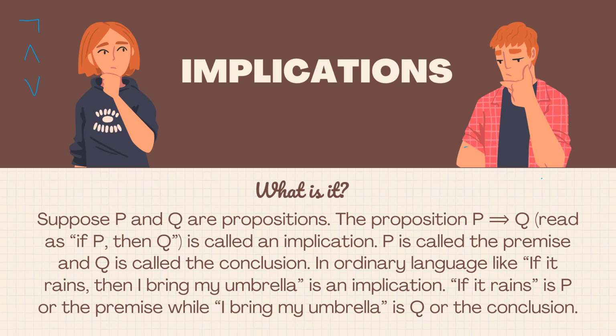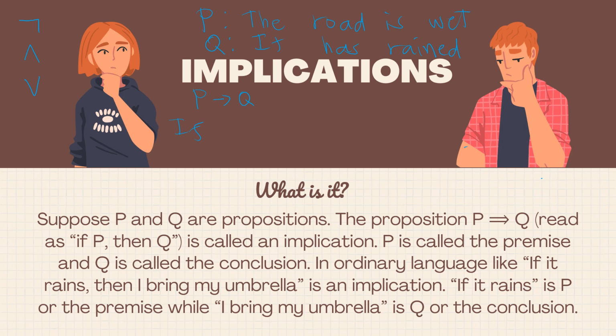Okay, so let's have another example. For example, we have the proposition P, the road is wet. Then Q, it has rained. So if we're going to make an implication, if P then Q, so let's write it.